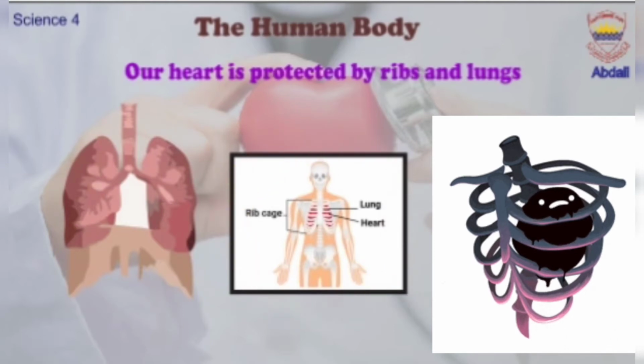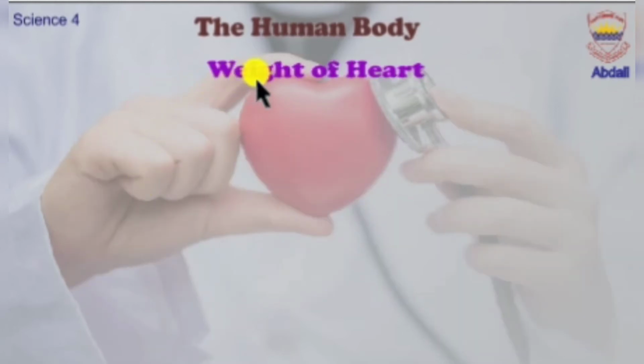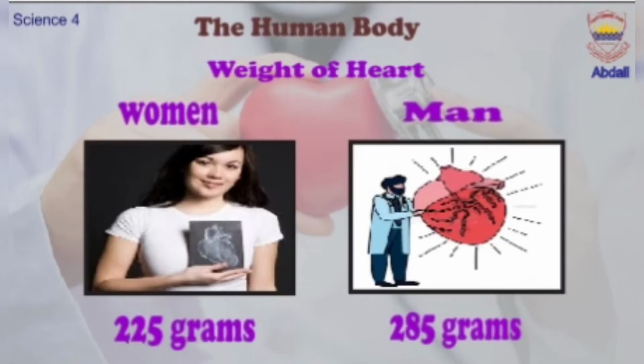Our heart is protected by ribs and lungs. Weight of the heart. Let's learn about the weight of the heart. The average weight of a woman's heart is 225 grams, and the man's heart is about 285 grams.